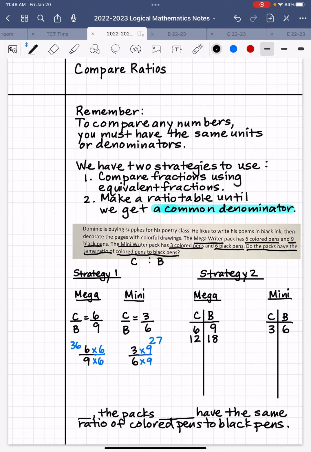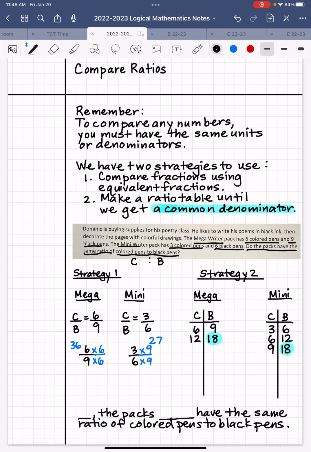So another 3 colored pens would mean a total of 6, meaning another 6 black pens means a total of 12. Another 3 colored pens would mean there are 9 colored pens, and another 6 black pens would mean there are 18 black pens. My goal was to make sure I had a common denominator, and look right here. We have the common denominator of 18 black pens.